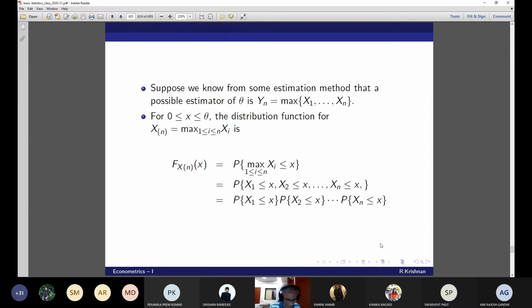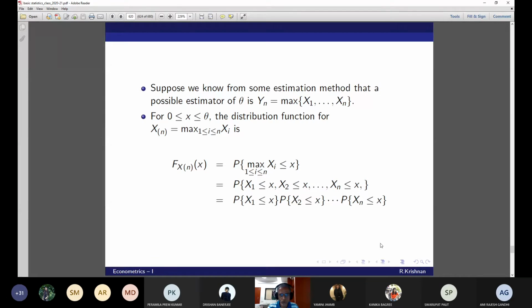Order statistics. What is order statistics? I have a sample x1 to xn, and I order it in increasing direction. So normally our sample is x1 to xn, and when we order it, we write x(1), x(2), up to x(n), in increasing manner, so that x(1) is the minimum of the sample and x(n) will be the max of the sample.